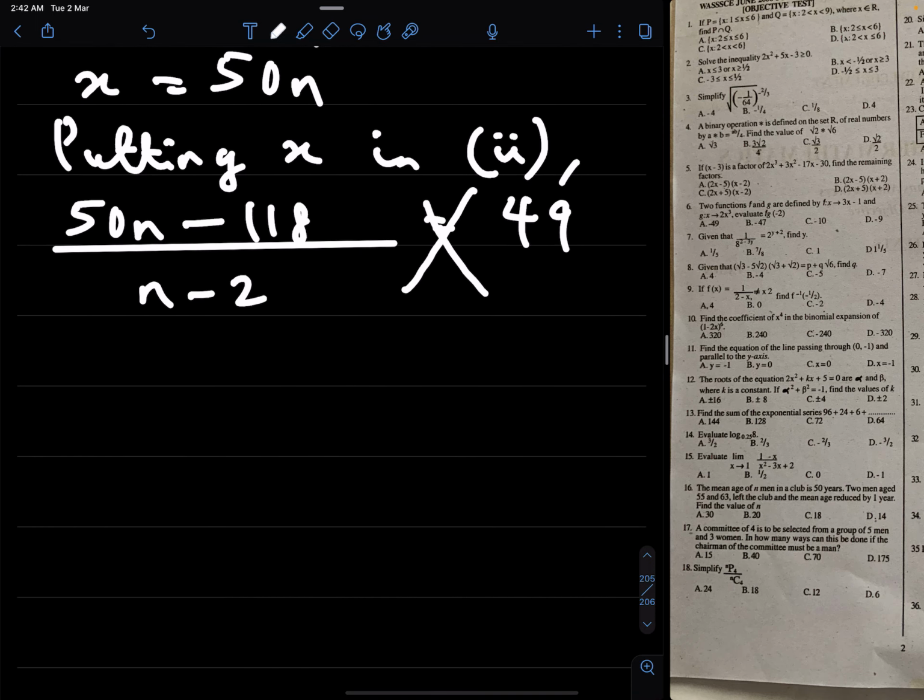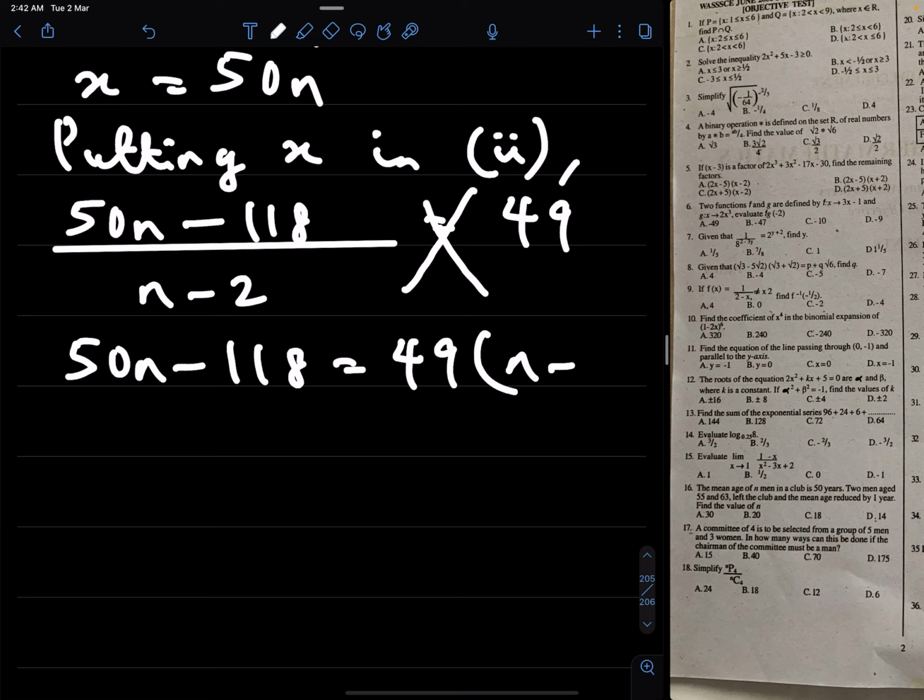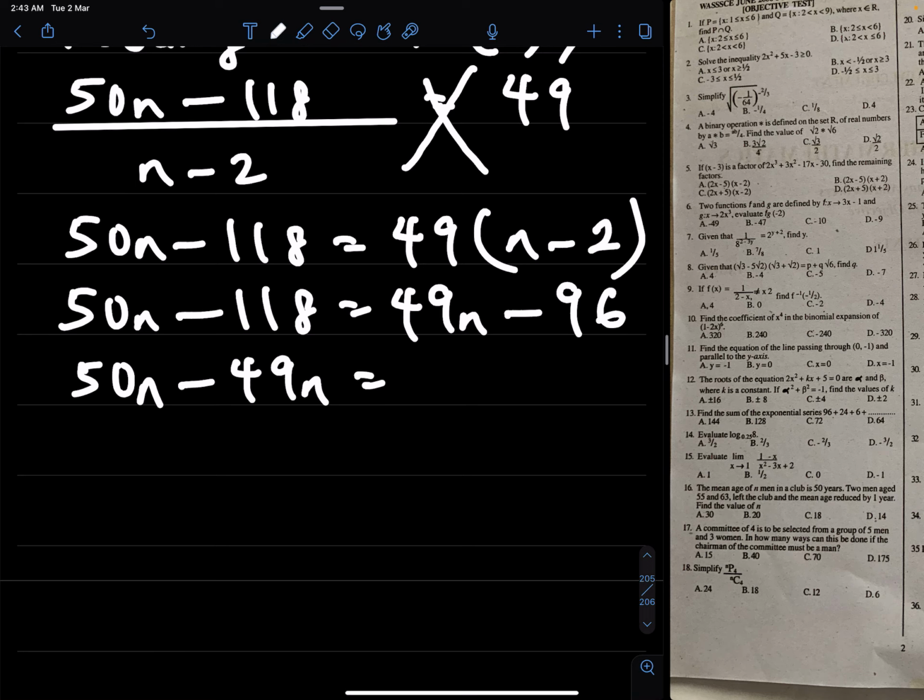When I cross multiply, I have 50n minus 118 equals 49 times n minus 2, which I wrote as 49n minus 96. Collecting like terms, 50n minus 49n equals minus 96 plus 118, and that means n is 20.